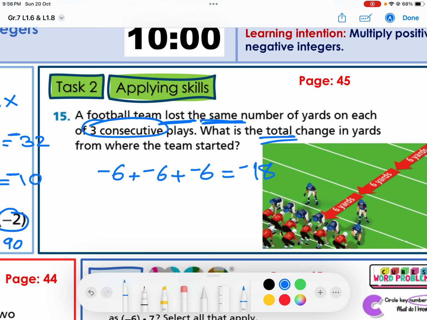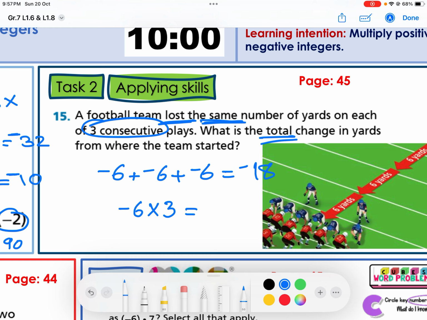But we have a shortcut: instead of repeated addition, adding the same number 3 times, we can simply use, what's the shortcut to addition? That will be multiplication. So we can say negative 6, because they lost it, times 3, because in 3 plays they lost 6 yards.